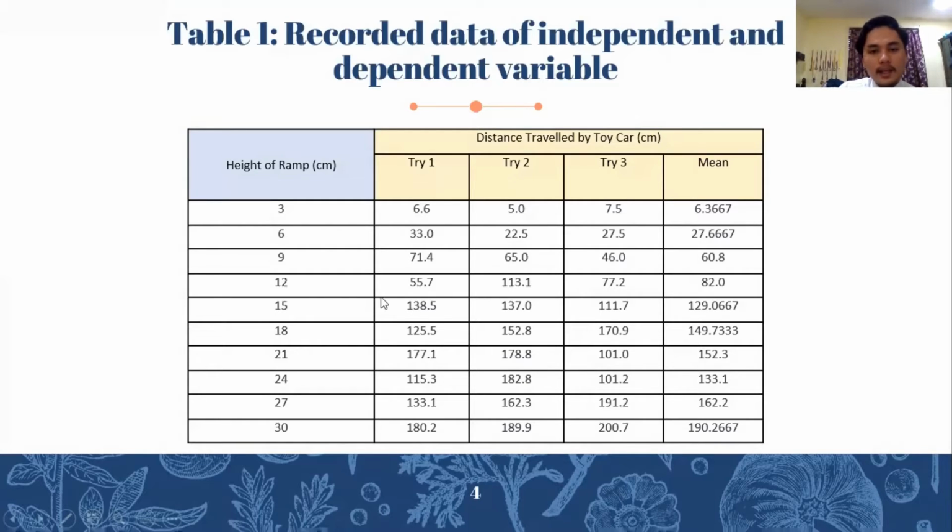Sometimes the value is high, like at height of ramp 12, where it is 113, and then it drops to 77.2 cm. Among the causes is that the car will make a U-turn and come back to me. Yes, that's all from me.